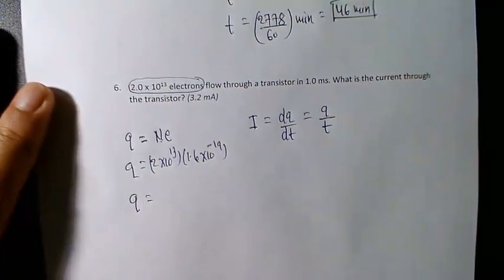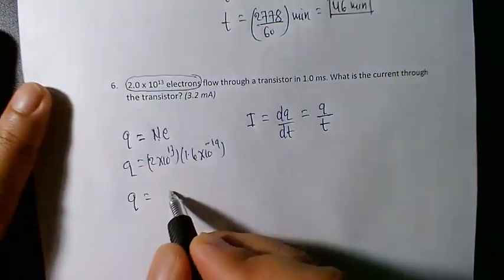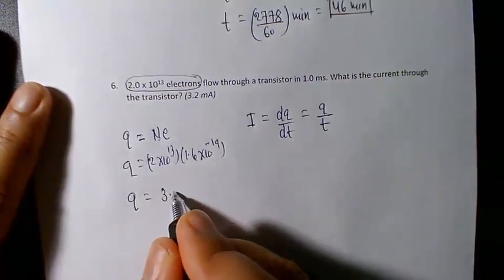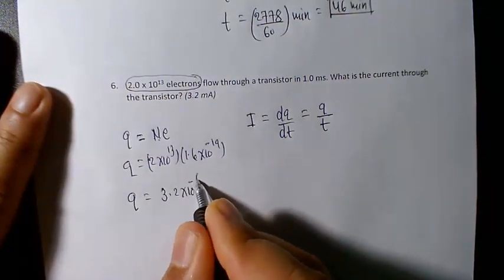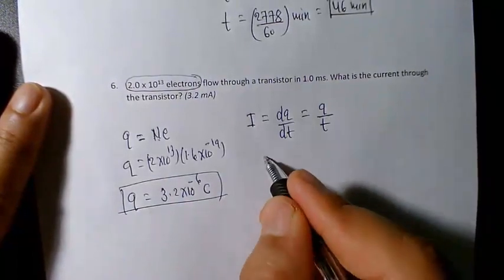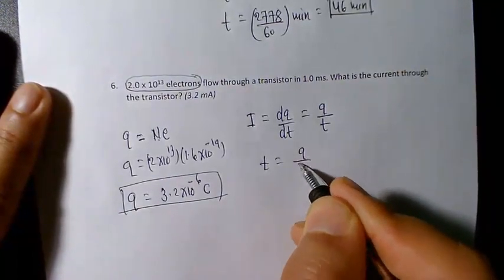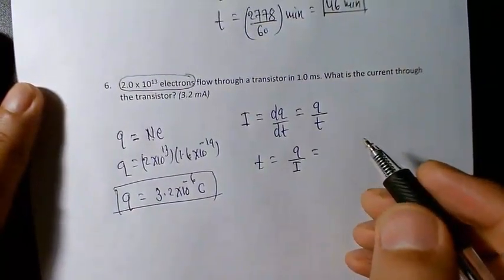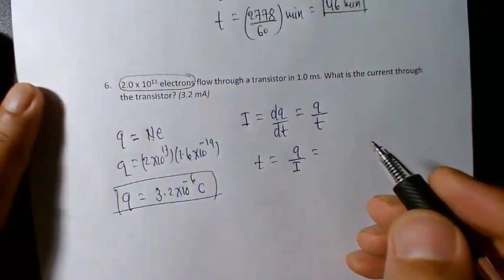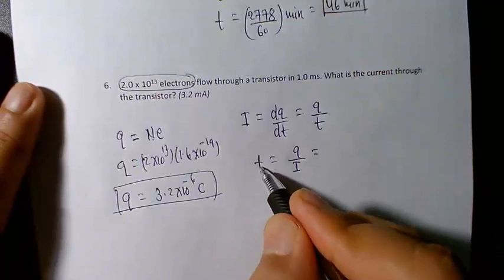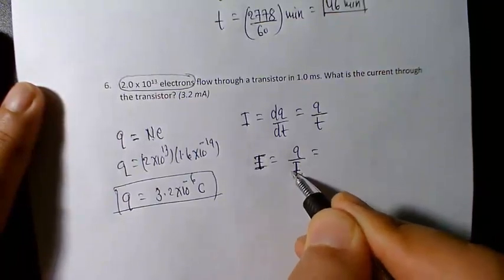So that's the total charge. The total charge possessed by that many electrons, so you can do this calculation. It's 3.2 × 10^-6 coulombs. And that's the total charge. The current is total charge Q over time.